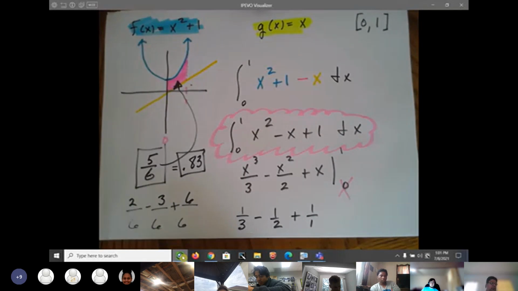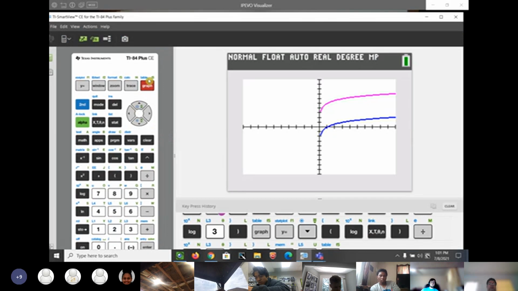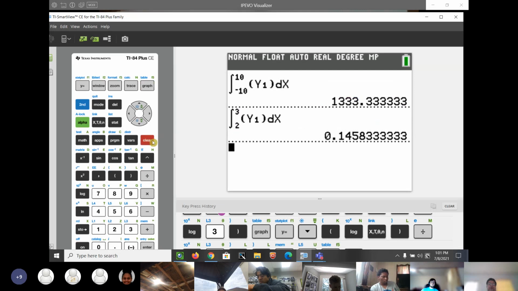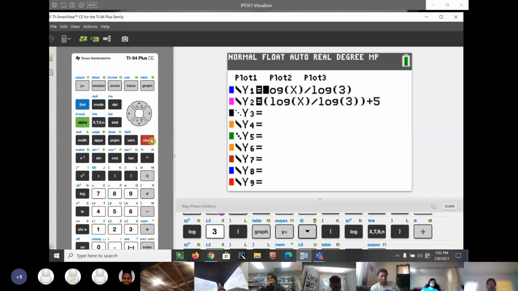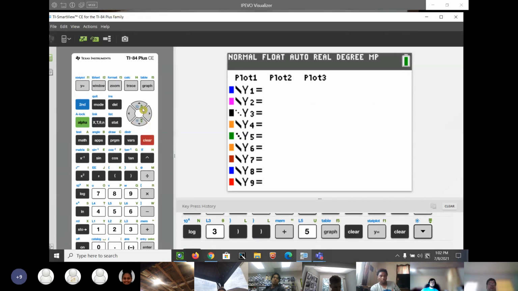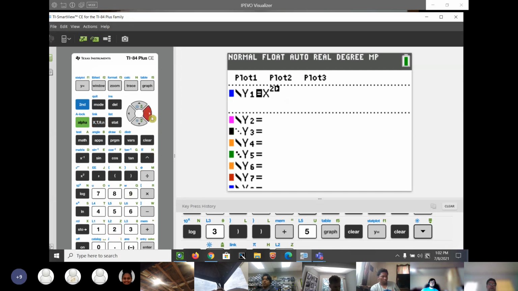So take your calculator, clear it, and type in the two functions. The first function is x squared plus 1.